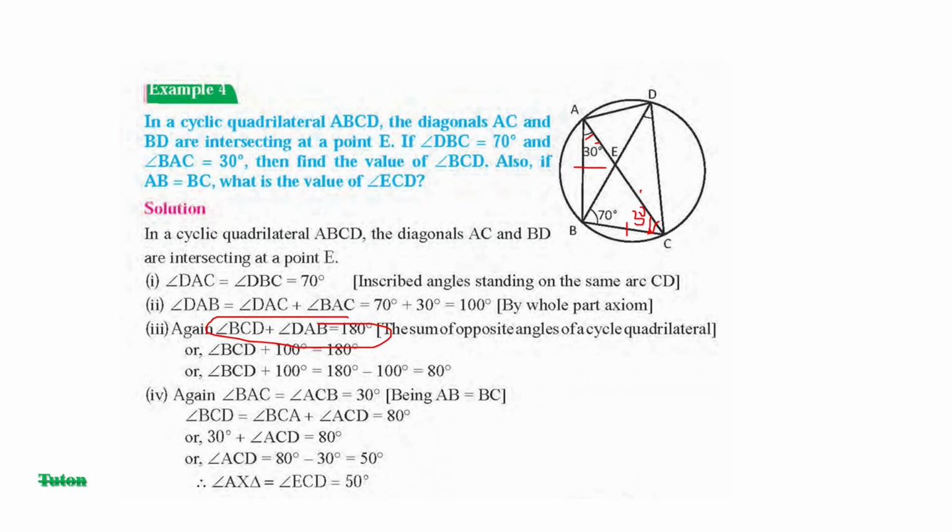Now we have got the value for angle BCD, which is represented by this section. Now, having known the value of angle BCD and angle ECB, which is 30 degrees, we can calculate the value for angle ECD, which would be 50 degrees after operating the arithmetic operations as shown in these steps.